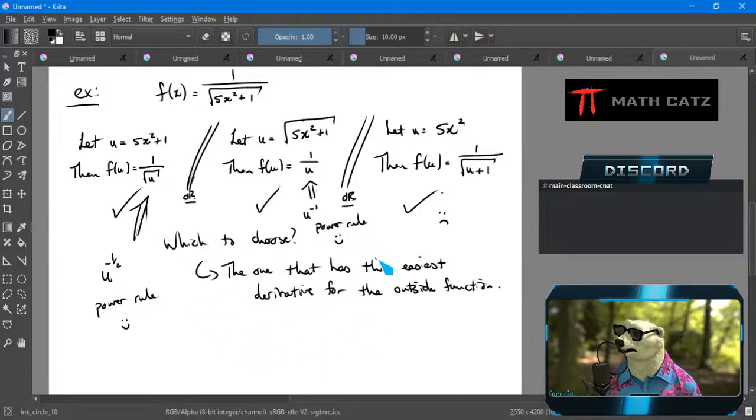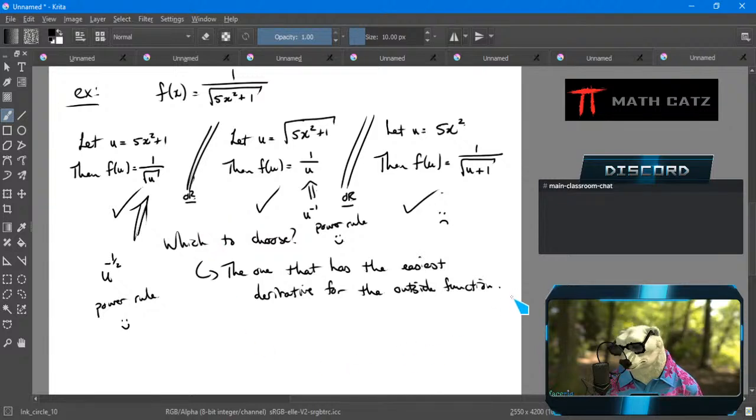I didn't save the number of properties that I had to use. A u to the negative 1/2 and a u to the negative 1, in terms of using the derivative properties, it's exactly the same. So it wasn't really easier. But both these first two would have been better choices moving forward.